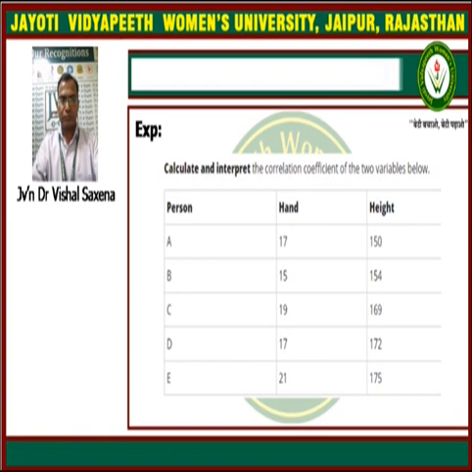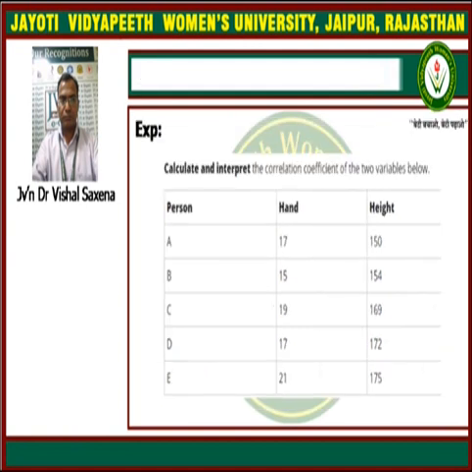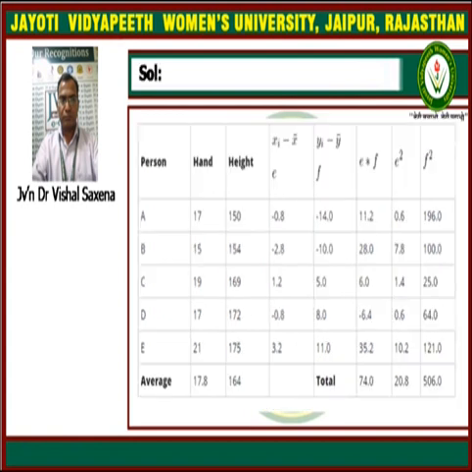There are five persons, A, B, C, D, E, with their hand and their height. Next we will find the correlation coefficient between the two variables, one is the hand and the second is the height.